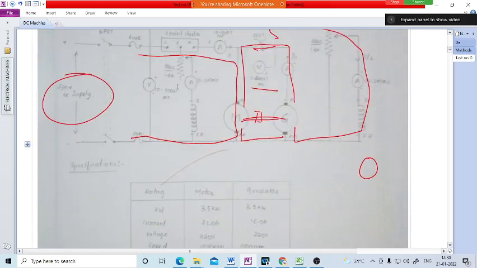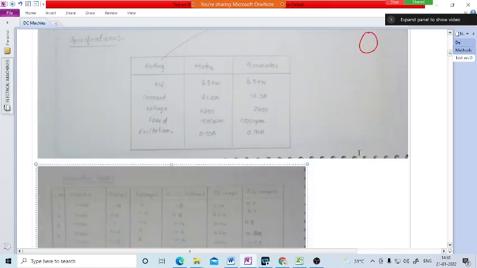So the field current and armature current: the armature current of the motor, the armature current of the generator, the field current of the motor as well as the field current of the generator that we have taken.